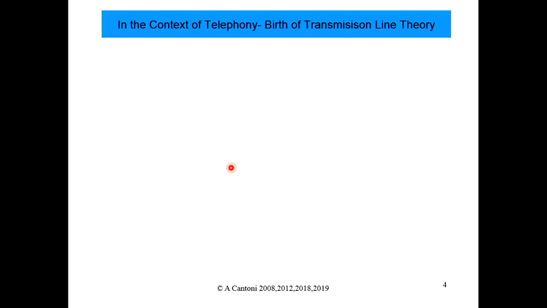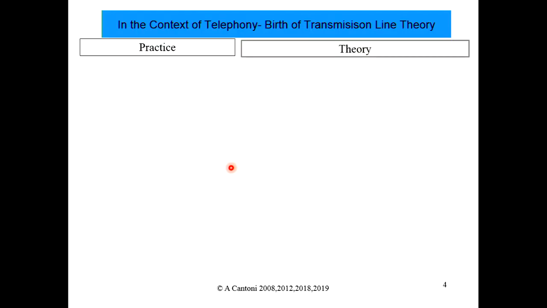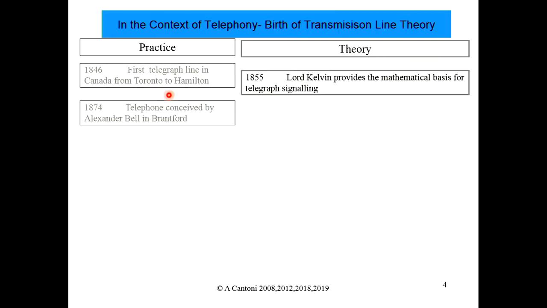Tony likes to look at the topic in context in terms of history, so we'll just go through this. You don't have to know this for the exam. The first telegraph line in Canada was made in 1846. I think it's probably the first main telegraph line ever. The practice occurred first, because people wanted to transmit information over long distances.